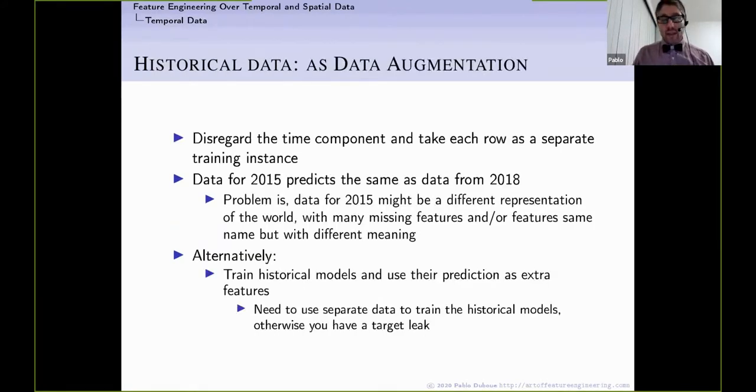There are many things you can do with historical data. So far, the most useful I have seen is just to use that for data augmentation. So if you want to predict something this year and you have data from 2015, maybe jointly expanding the feature vector with this information will give you a more informed classifier.